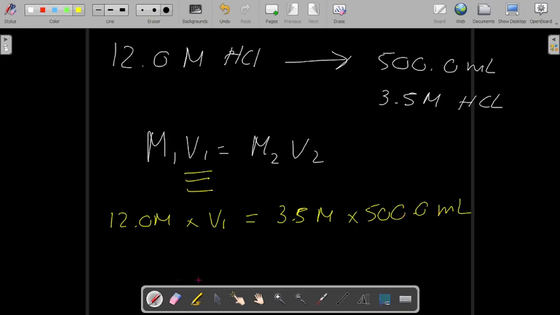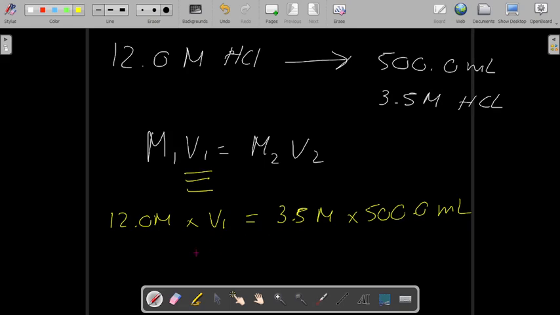So you need to find the volume that you need to add to the original concentration to have a smaller concentration. We do not need to change the milliliters. You can give the volume in milliliters because they did not ask you to give the volume in liters.